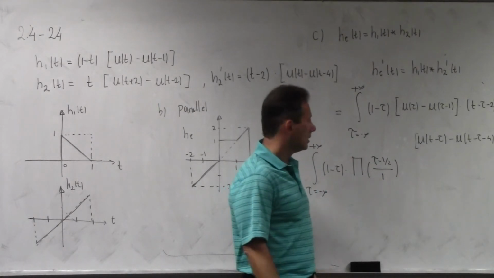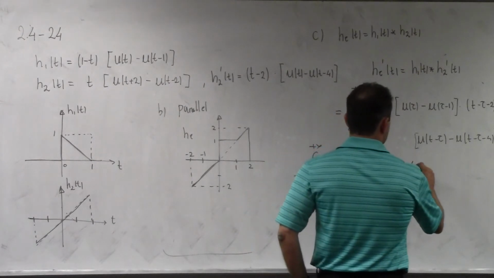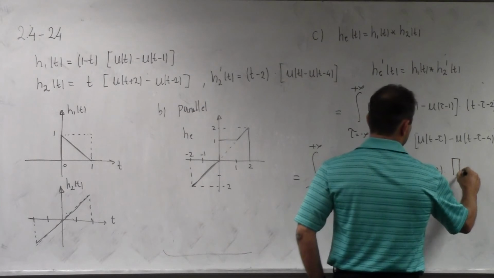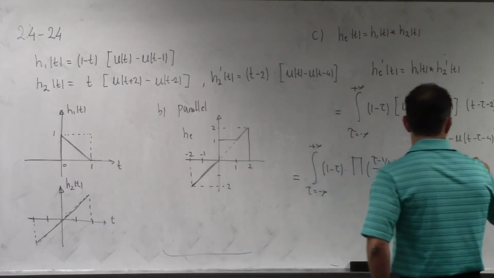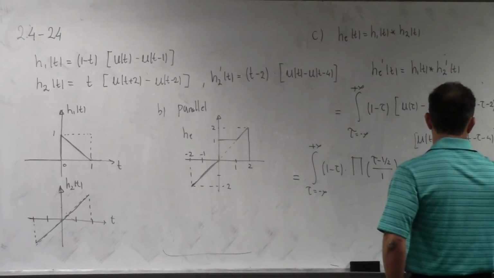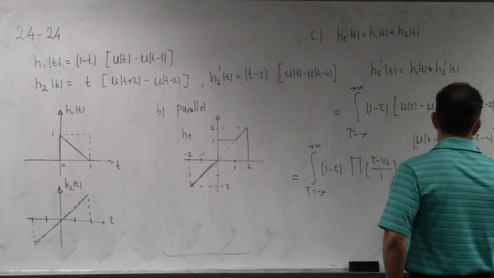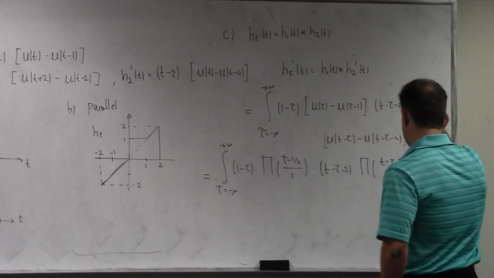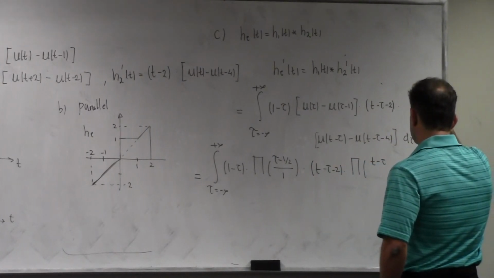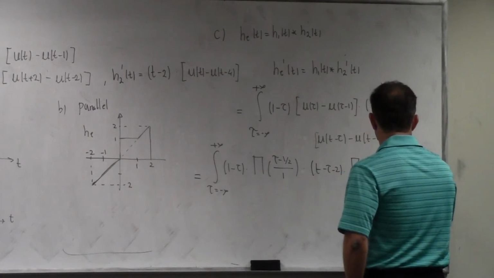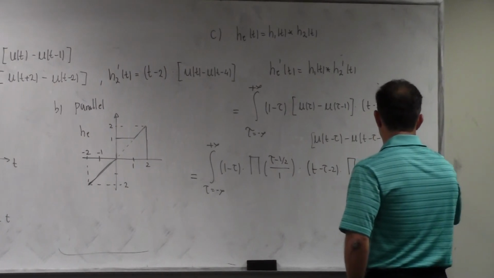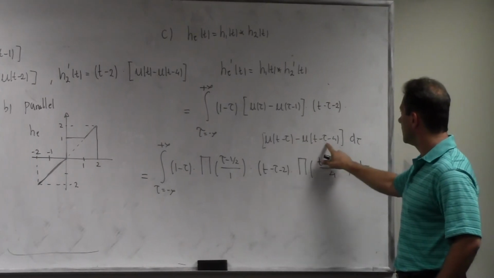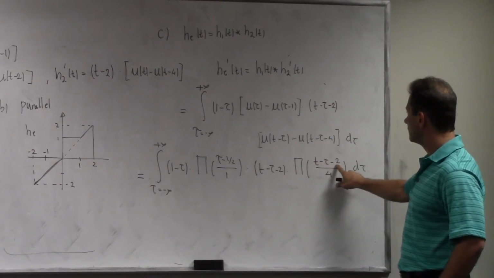And then the other guy is t minus tau minus 2 times pulse of t minus tau minus 2 over 4, d tau. This is the pulse centered at t minus tau minus 2, and it has a length of 4.